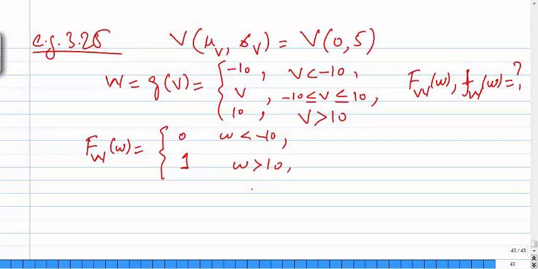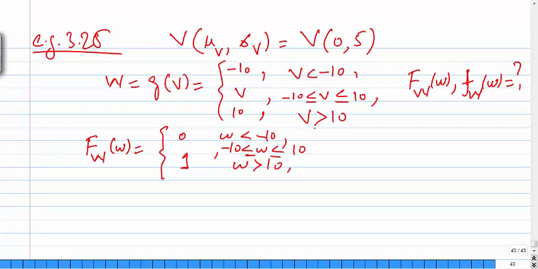Now, what remains is the range between minus 10 and 10, which is defined by this Gaussian voltage.